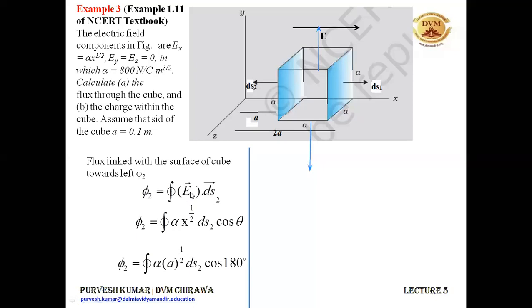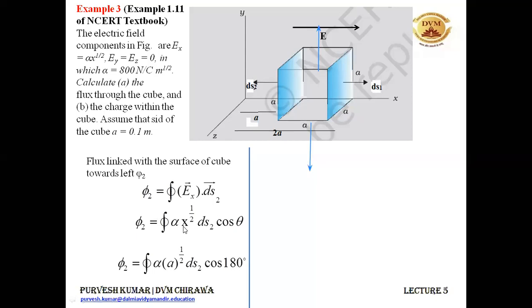In place of this Ex, I can write alpha x to the power half, because it is given in the question. ds2 remains the same, and in place of cos theta, I should write cos theta only. The theta is the angle between the electric field and the ds2 vector. Electric field is in the positive x-axis and ds2 is in the negative x-axis. So they have an angle of 180 degrees between them. That's why in place of theta I have written 180 degrees.